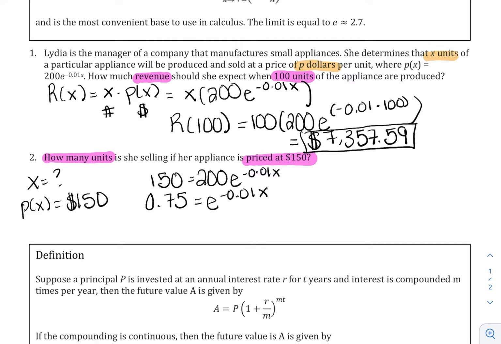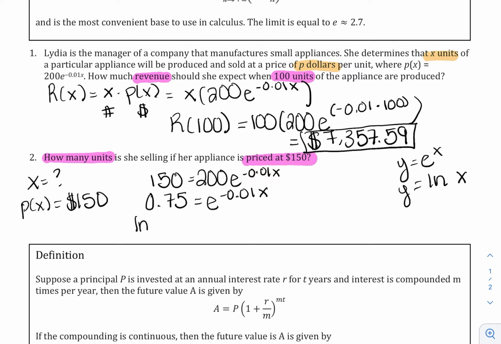And the inverse of e is called ln of x. So if you have y equals e to the x, then its inverse is y equals ln of x. A good example is x cubed. The inverse of x cubed is the cube root. So if you have x cubed equal to 8, to undo the x cubed, you cube root it. So here, to undo the e, you ln. So you have to do it to both sides.